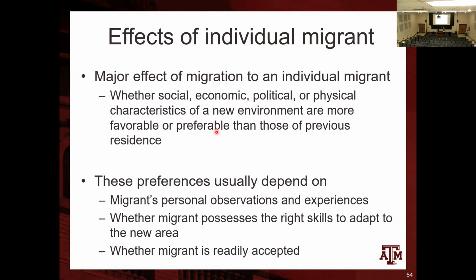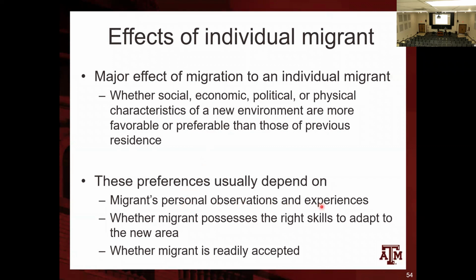And we migrate because of the perceived idea that the area of destination will give us better conditions of life than the place that we live right now. And these preferences depend on the migrants' personal observations and experiences.